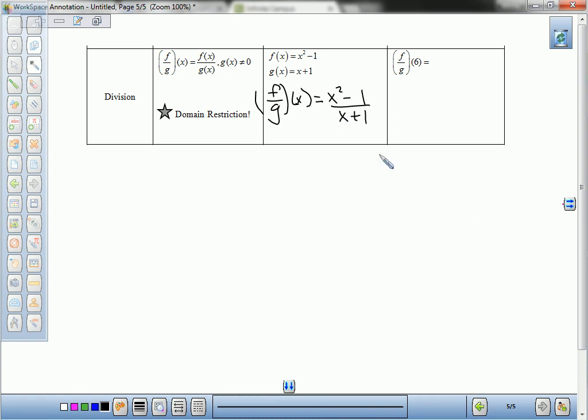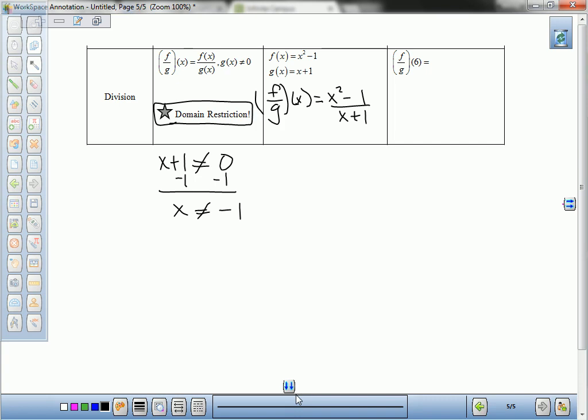We have to write it as a quotient, and then we have to do one other step, which is that domain restriction. So that denominator, which in this case is our g of x, that x plus 1, can never equal 0. Can't. Because if it equals 0, then that is undefined. So what we have to do is set up that domain restriction by setting the denominator not equal to 0 and solving. So in this case, we would get that x cannot be negative 1.